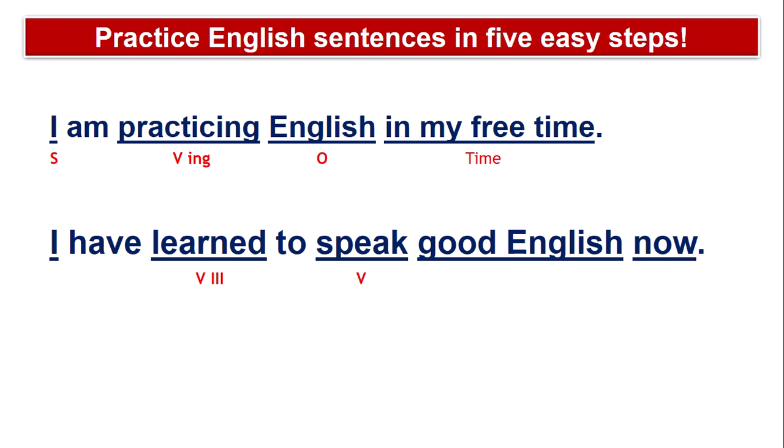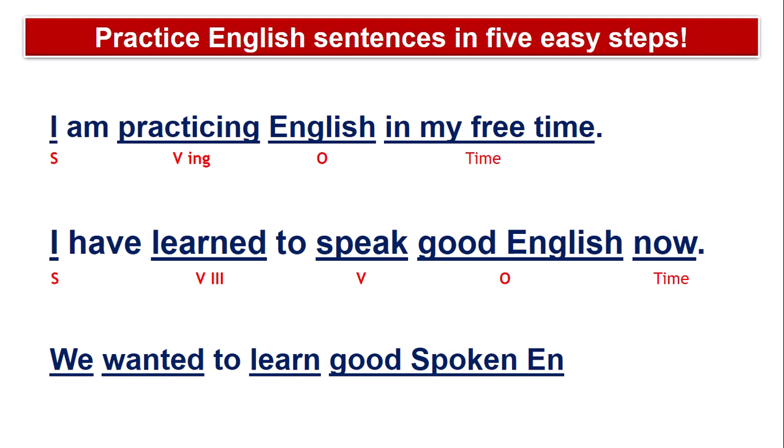Those who have missed our earlier lectures can refer to those lectures, and it is always suggested that we start learning from the very first lecture so we don't miss any important update. Now the doer of these 2 activities is I, so it is a subject, and good English is the object, and now indicates time.